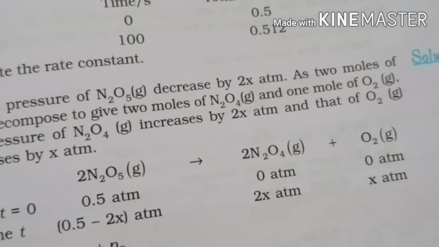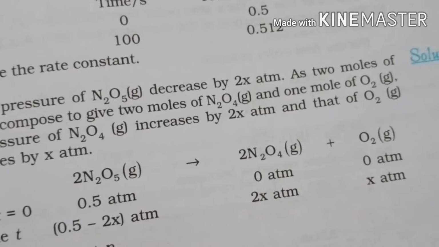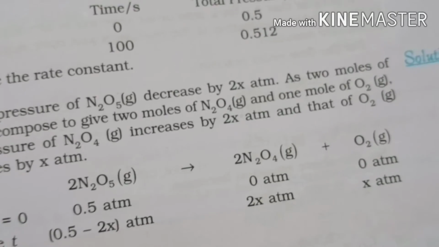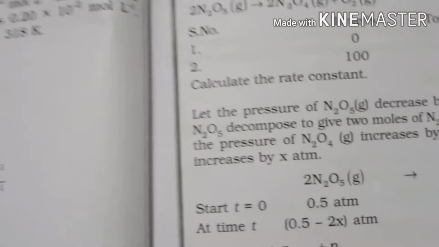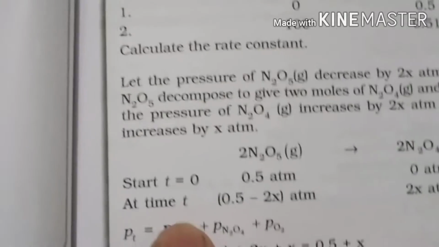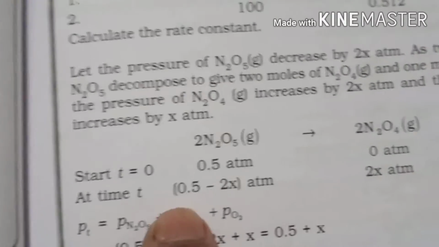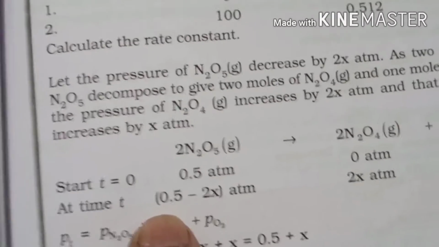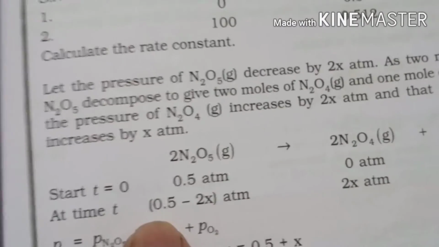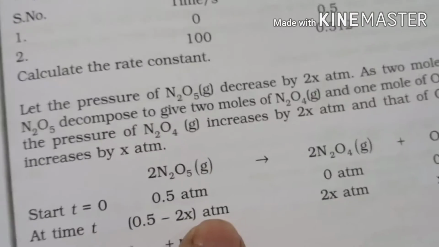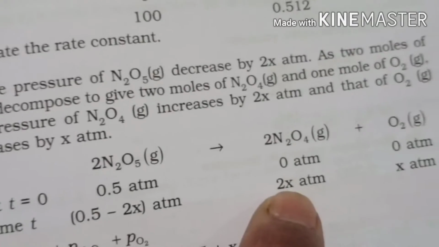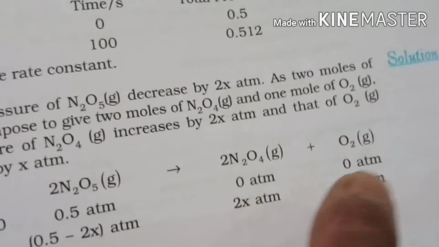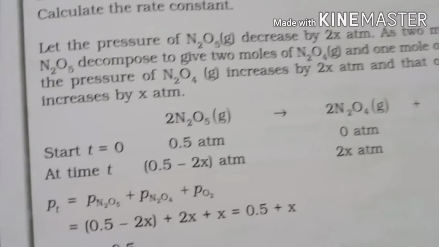When T comes to, in the second case, twice x, as in the equation we have 2 here, so it goes to twice x. So at the time T, the remains of your N2O5 become 0.5 minus 2x atm, and you will get 2x of N2O4 and x atm of your O2. So we need to find out PT.